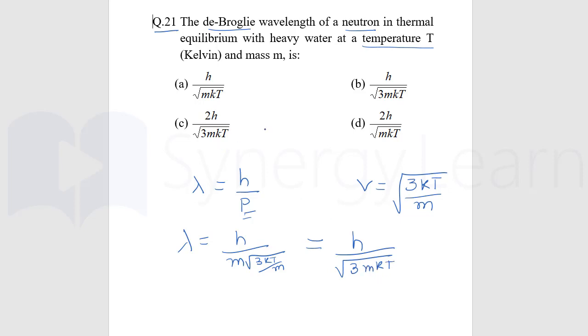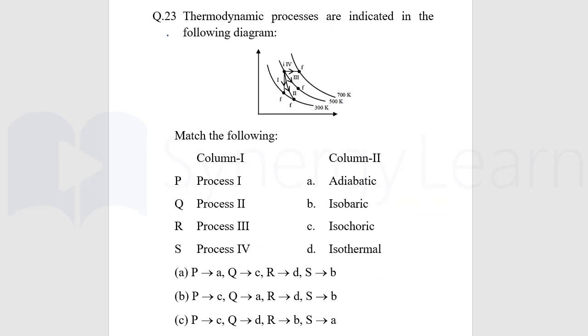So third option. In question number 23, it reads, a thermodynamic process is indicated in the following diagram. So these are isotherms, that is the curves are at the same temperature. Now in column 1, process 1 is a vertical line.